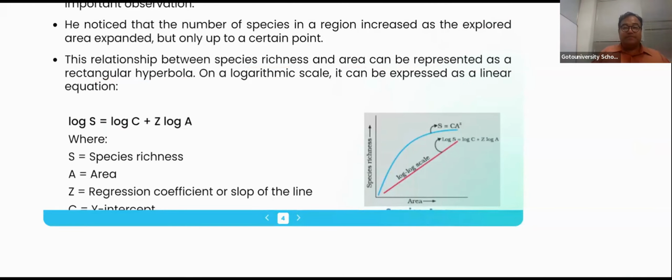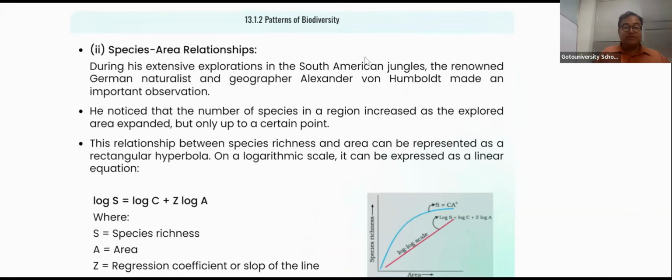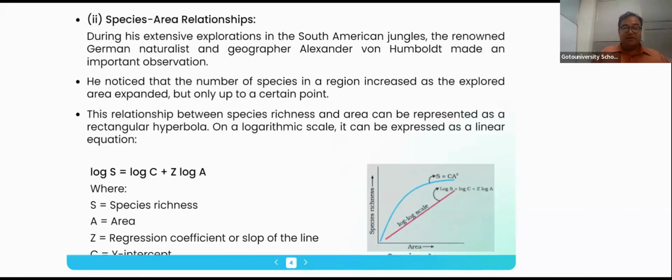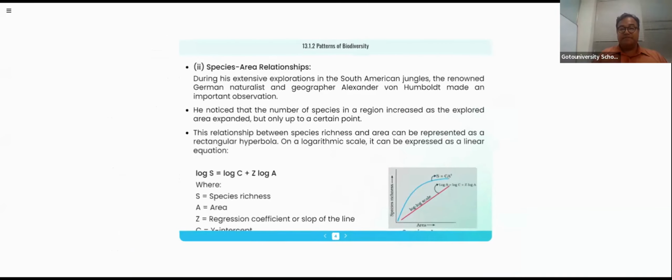Now, if you are seeing this question, in this species area relationship, S indicates species richness, A indicates area, and Z indicates the regression coefficient or slope of the line, right?